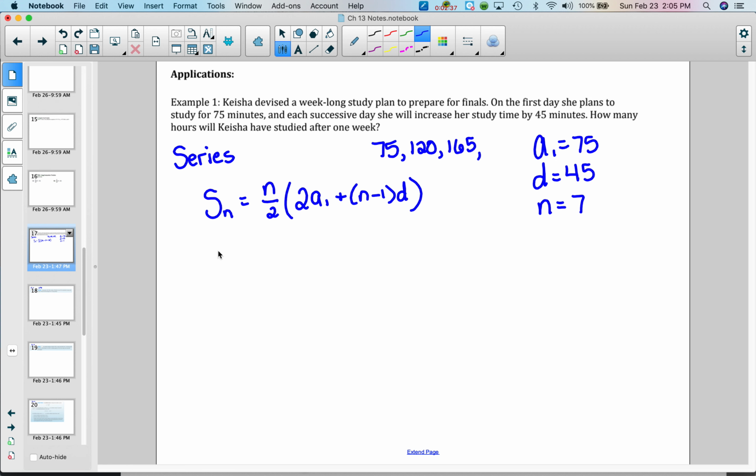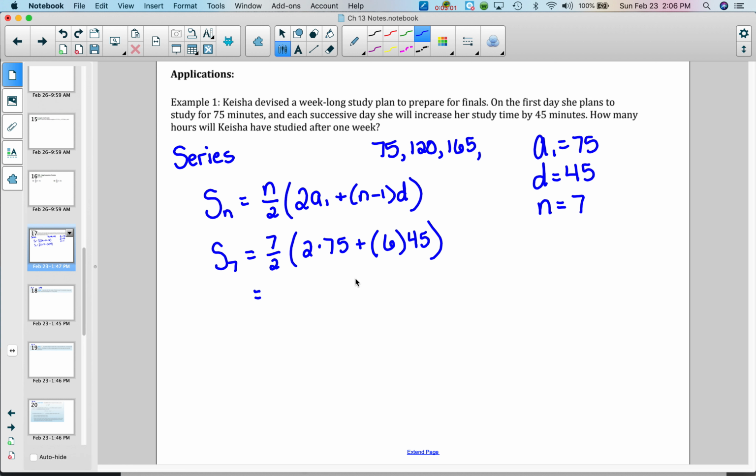So if we substitute the values that we know, we have s sub 7 because that's the value that we're going to find. So we're going to put 7 over 2, 2 times 75 since that's a sub 1, plus n minus 1, which would be 6, times our common difference, 45.